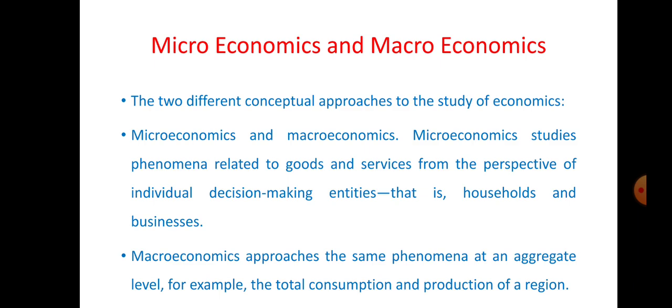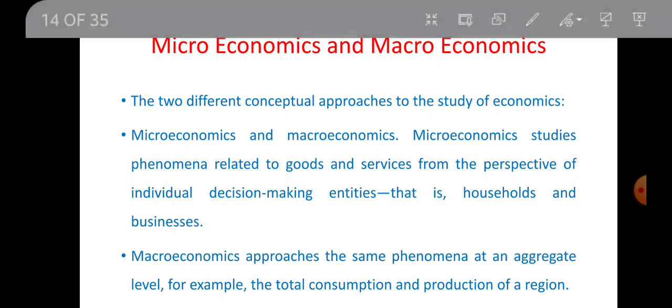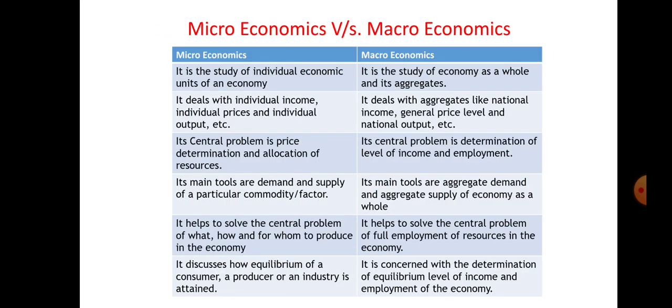Suppose we apply the same phenomena at an aggregate level, that is at the national level for the society, for the whole people, that we call macroeconomics. For example, the total consumption and production of a region, or production of different commodities in a country. Such things we call macroeconomics.